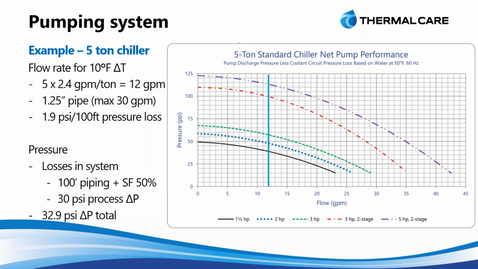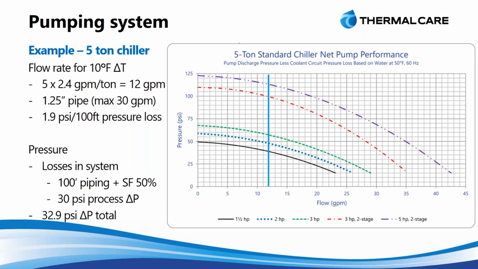The 30 psi delta P is the pressure loss that we're going to say through the actual process itself. So a heat exchanger that's cooling oil on a hydraulic system is going to have a pressure loss associated with it, and that's something that would be spec'd out from the manufacturer of that piece of equipment. In this example, we're arbitrarily going to put 30 psi.